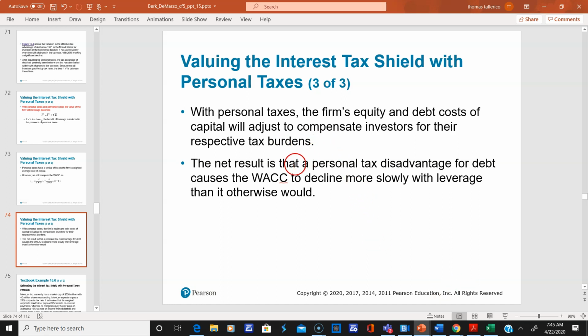So basically, a personal tax disadvantage for debt causes the weighted average cost of capital to decline more slowly with leverage than it otherwise would. In other words, you have to pay personal tax on debt, and it's going to cause the weighted average cost of capital to decline more slowly with leverage than it otherwise would.